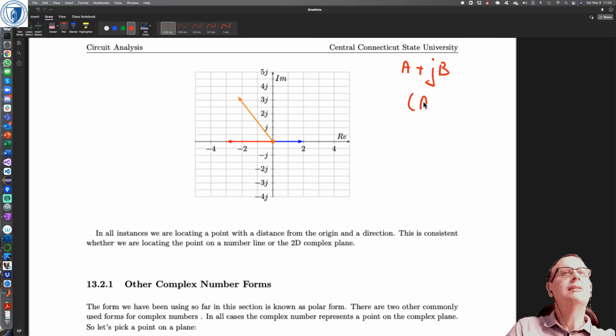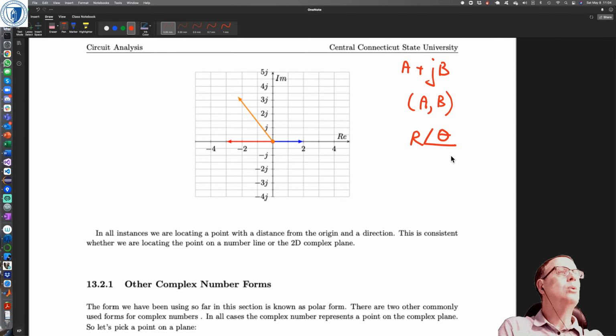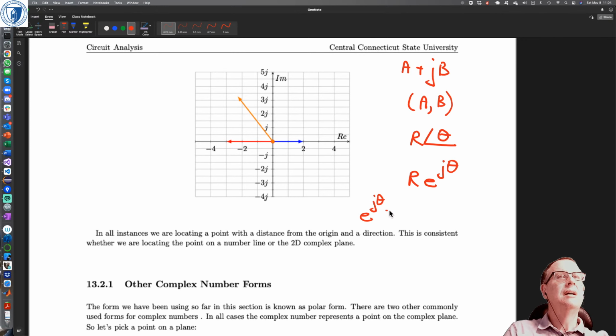We could also write it just as Cartesian coordinates, X and Y coordinates. We could also write it as the phasor form, the polar form. And related to the polar form is the exponential form, Re to the j theta, because e to the j theta is Euler's formula, which is cos theta plus j sine theta.